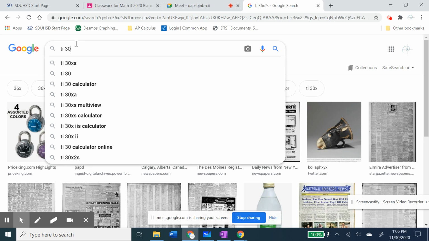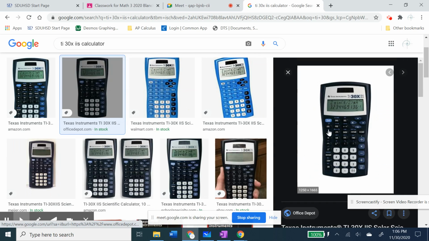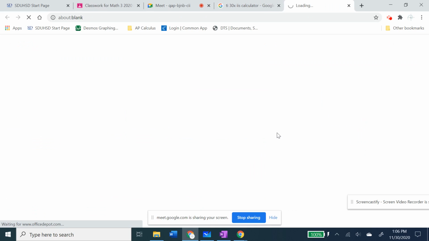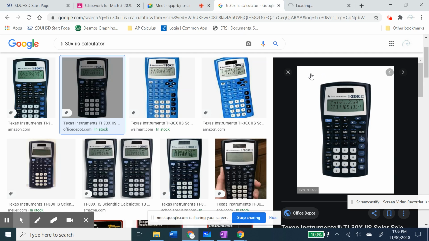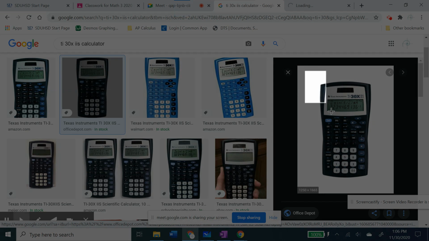Type right now. 32S, I see it. Okay, this one. All right. Let me see how big I can make this picture. I probably don't want it to load some random page, so is it a, no. No, come on, there we go.